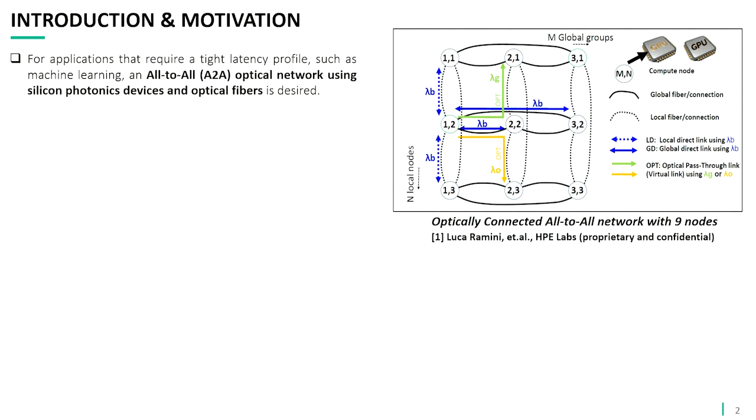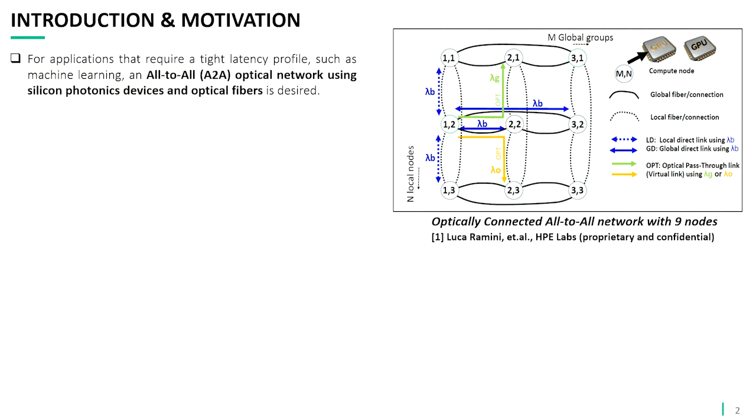And one thing that's pretty common between them is that they both require the transferring of a huge amount of data with a very tight latency profile. And this is posing some serious challenge to traditional all-electrical interconnects. And this is where all-to-all optical networks that use silicon photonic devices and optical fibers can provide a solution.